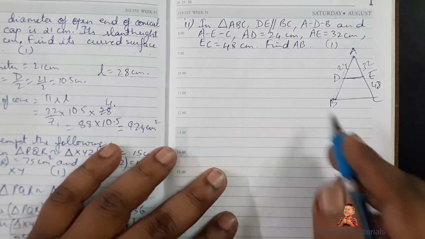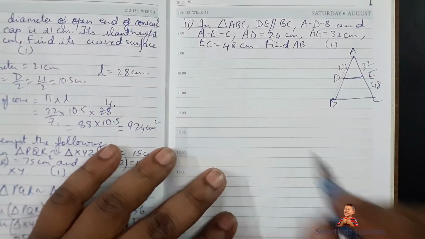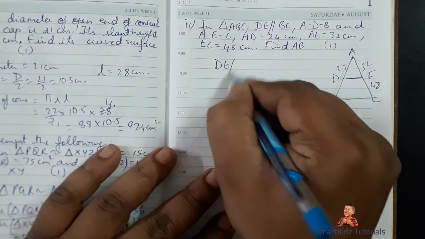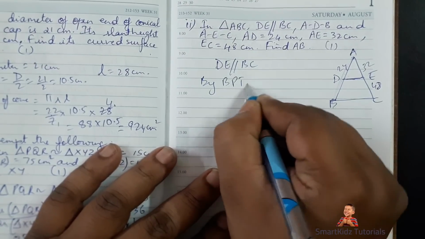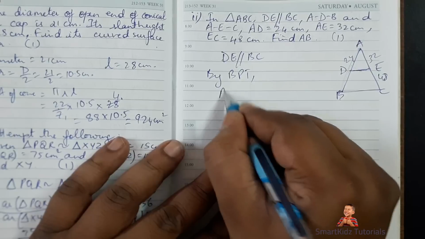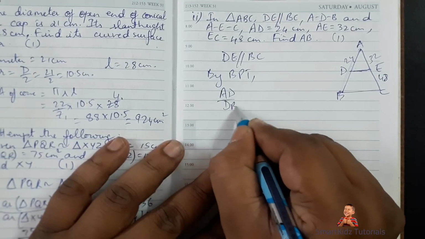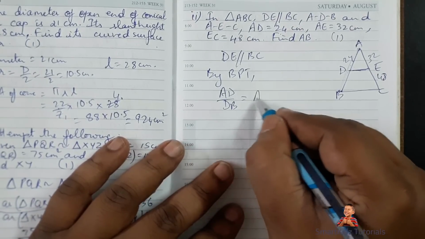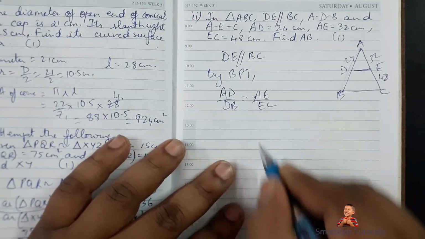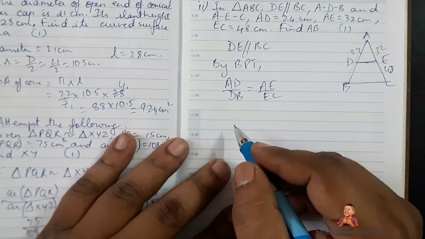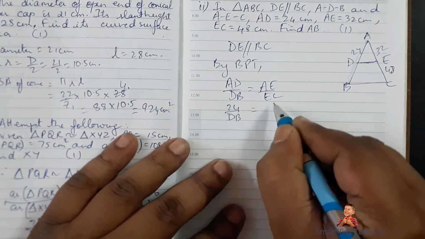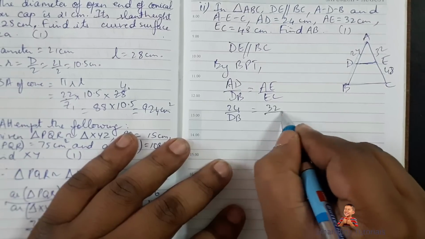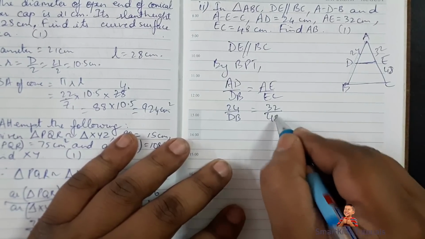Okay, so since it says that DE is parallel to BC, we can say by basic proportionality theorem that AD upon DB is equal to AE upon EC. AD is given to us as 24, DB we have to find out, AE is given as 32 and EC is given as 48.